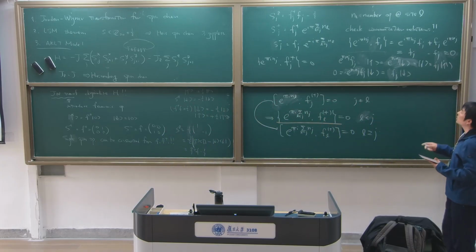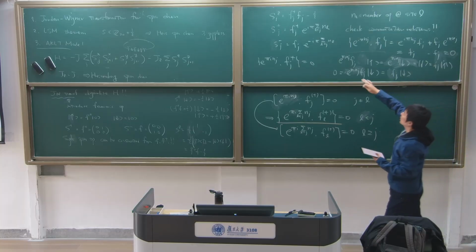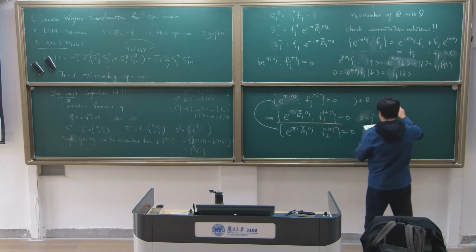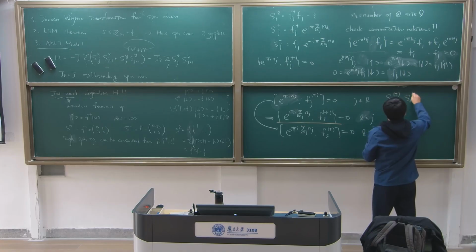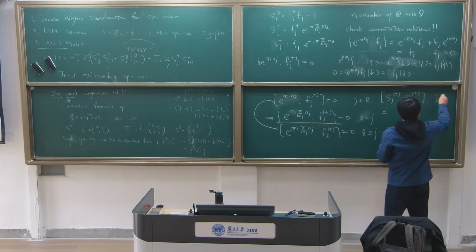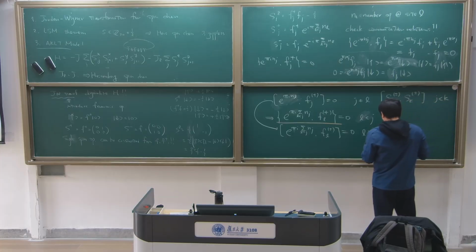Okay, so now if you use this relation, let's look at the commutation relation Sj plus minus Sk plus minus, when j is greater than k. Here you need to be careful with Fj dagger e to the i phi.